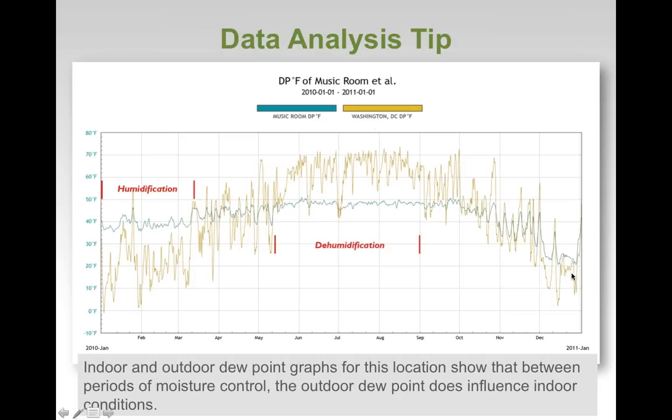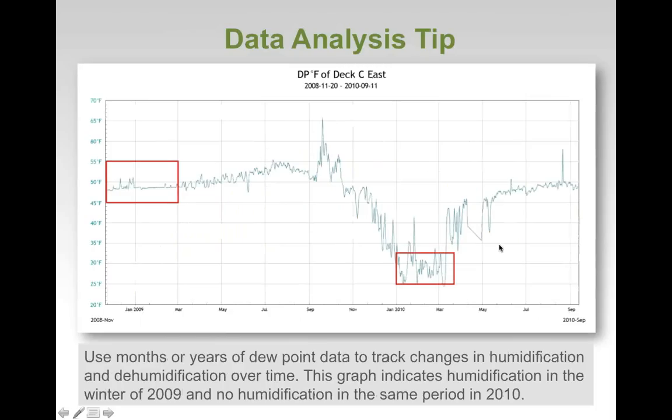So again, it could be a system malfunction, it could be the humidification wasn't turned on, a variety of reasons. But actually, a better example of a malfunction within a system is this one.